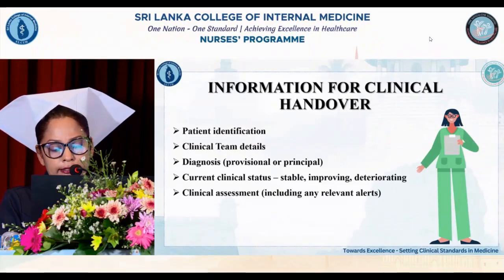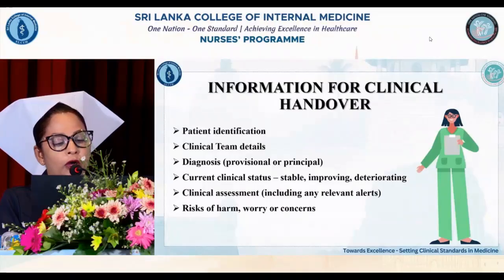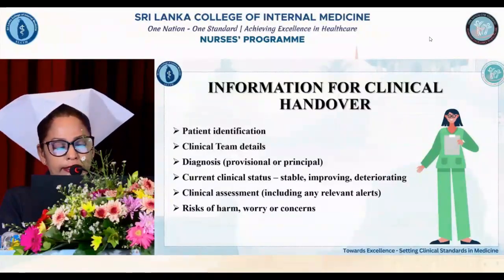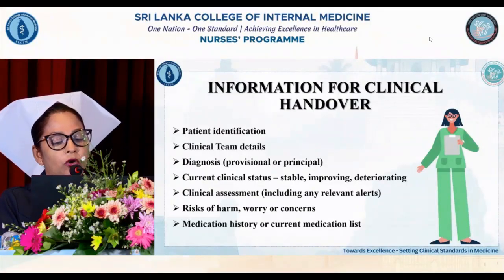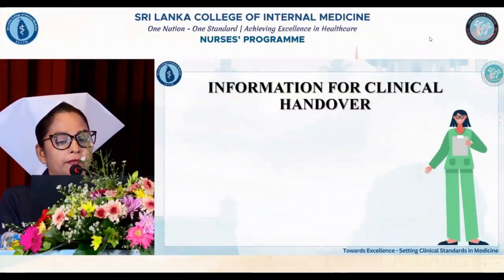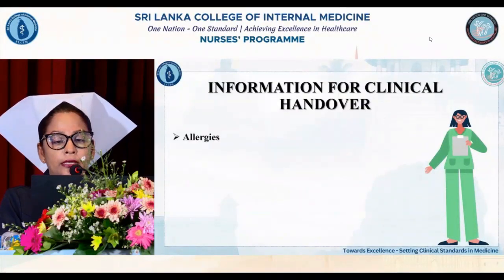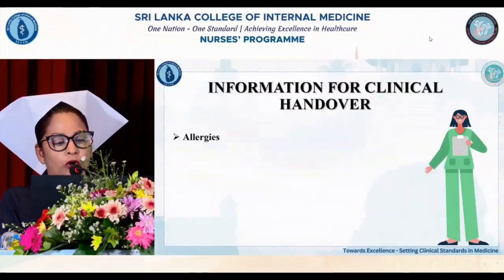Clinical assessment including any relevant alerts. The clinical assessment and the nursing assessment are very important. Risks for harm, worries to be concerned about. Medication history or current medication, and the list of medications to be administered. Next, very important, what allergies the patients have: allergy to drugs, to any food or whatever.